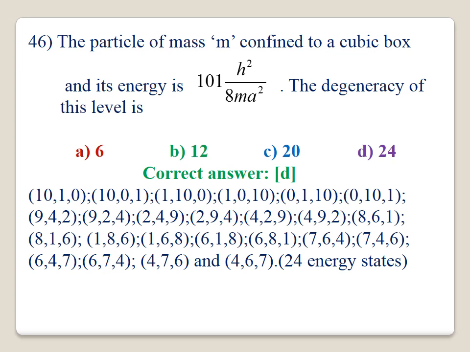Totally 24 degenerate states are possible for the energy level 101 h square by 8 ma square. The correct answer is D.